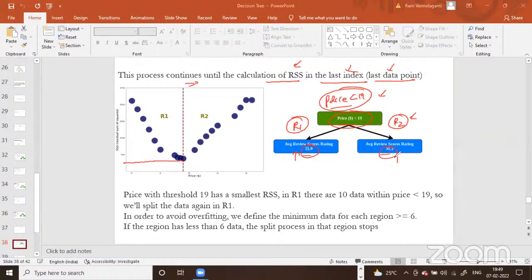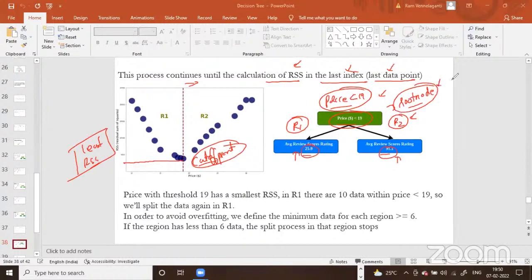What is the review score rating in region 2? 91. So at this cutoff point, you are able to get the least error, least residual sum of squares. So this is the root node for us, which is able to help us minimize our residual sum of squares. So price with threshold value of 19 has smallest residual sum of squares.